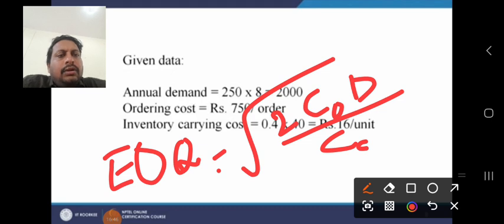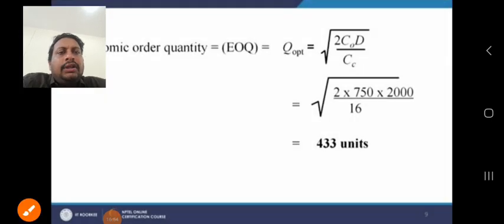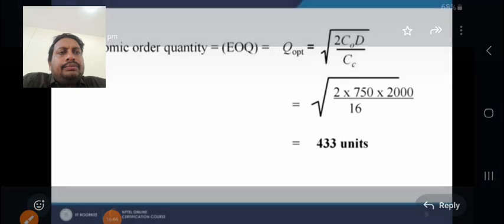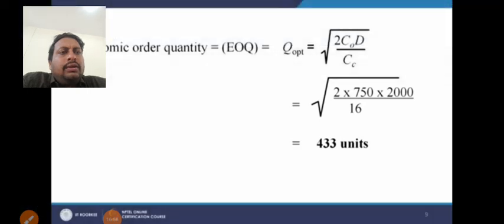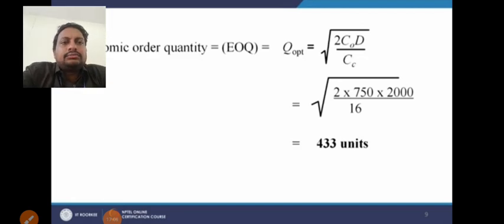Then we simply substitute all the values in the equation to calculate the economic order quantity. So the EOQ is 433 units.